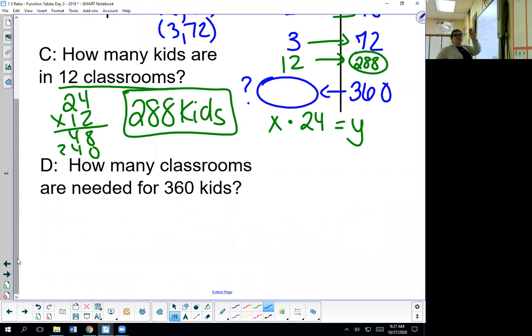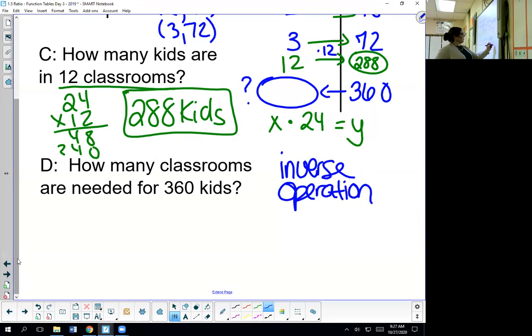So if going forward is multiplying by 24, you would then do the inverse operation, which in this case is to divide by 24. You're going the other way. The inverse of multiplication is division. The inverse of addition is subtraction, and vice versa.